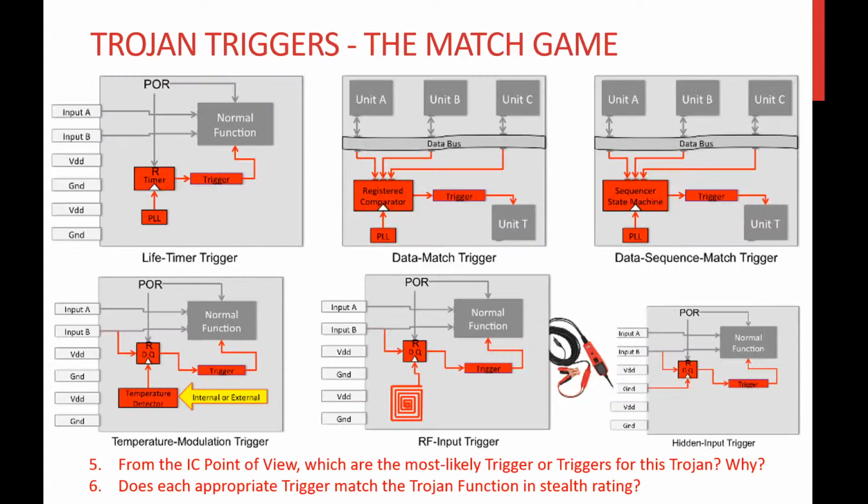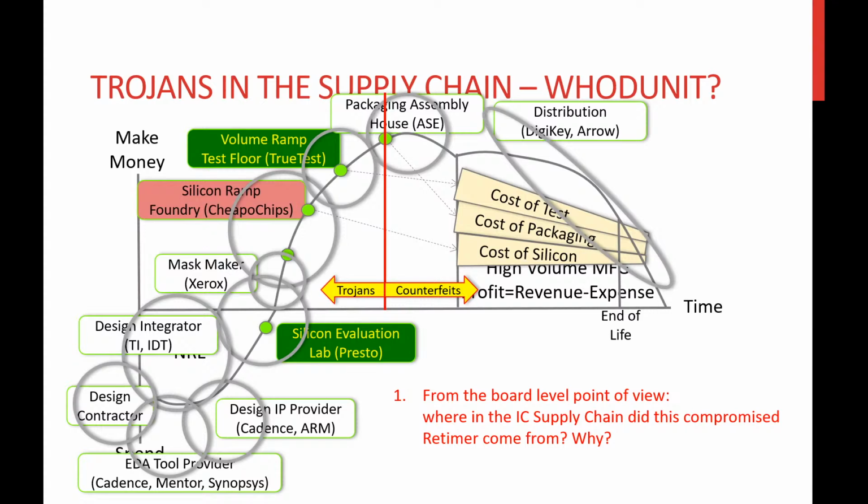So the answer to number 1: from the board level point of view, where in the embedded circuit supply chain did this compromised retimer come from? And also why?